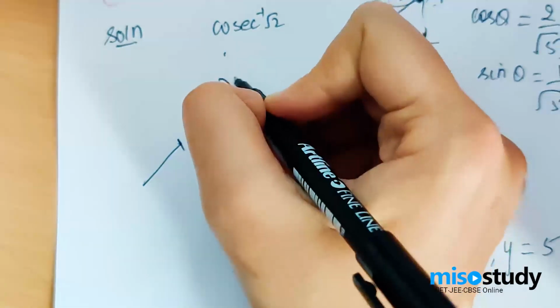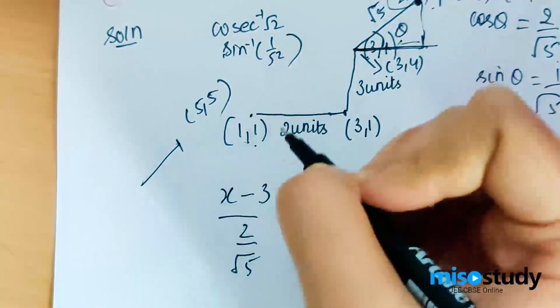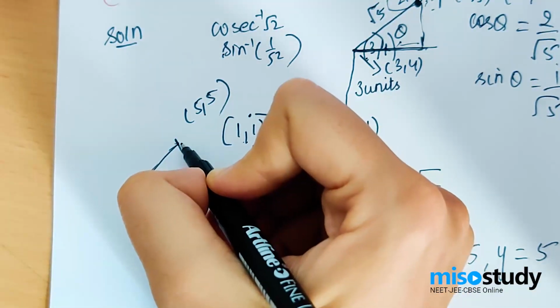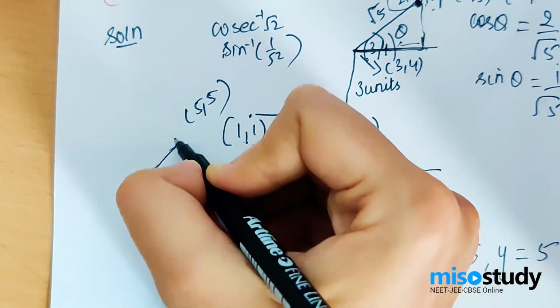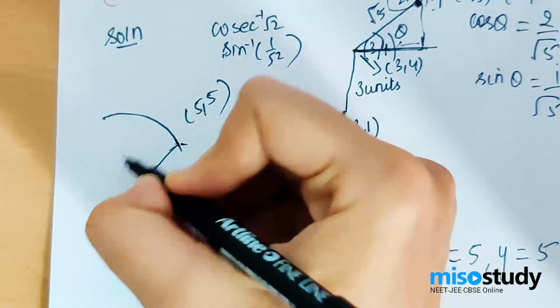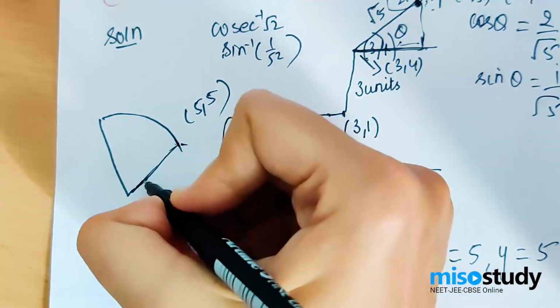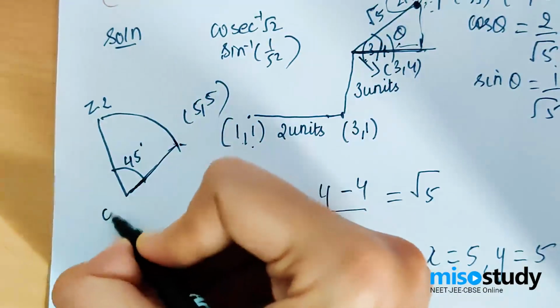Cosecant inverse root 2 is sin inverse 1 by root 2, and that angle is 45 degrees. So it is rotated 45 degrees in the anti-clockwise direction of the circle with center origin to reach z2. Anti-clockwise direction like this, 45 degrees, this is z2, this is origin.